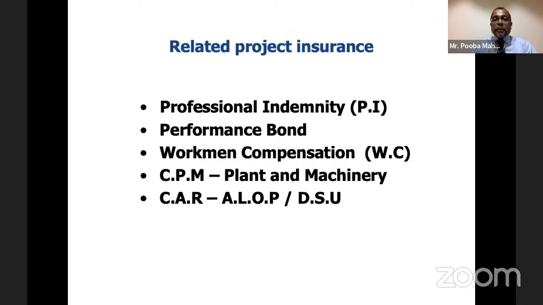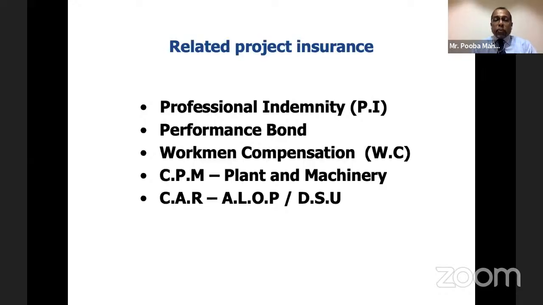The other item is CPM, construction plant and machinery insurance. These cover specific machinery at project sites, for example, tower crane, concrete mixer, maybe the batching plant, maybe the bar bending machine, and so on.